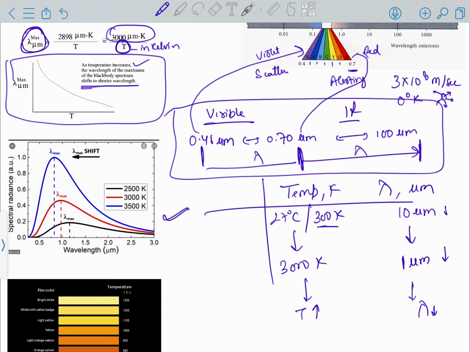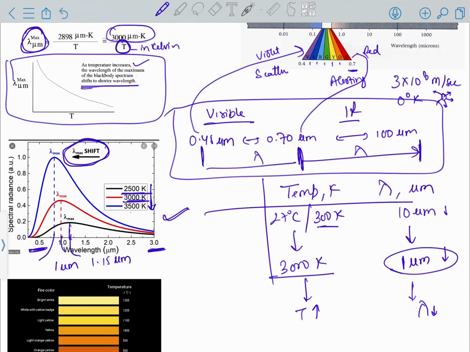This is another chart showing the shifting of lambda max from higher wavelength to lower wavelength as the temperature increases. At 2500 Kelvin, lambda is somewhere around 1.15 micrometer. At 3000 Kelvin, we have already calculated, it is 1 micrometer. And at 3500 Kelvin, it is somewhere around 0.85 micrometer.